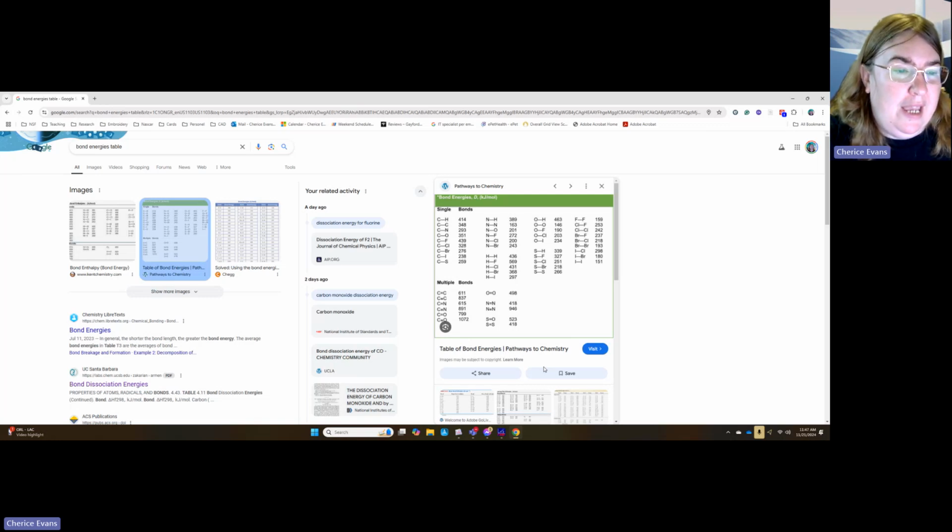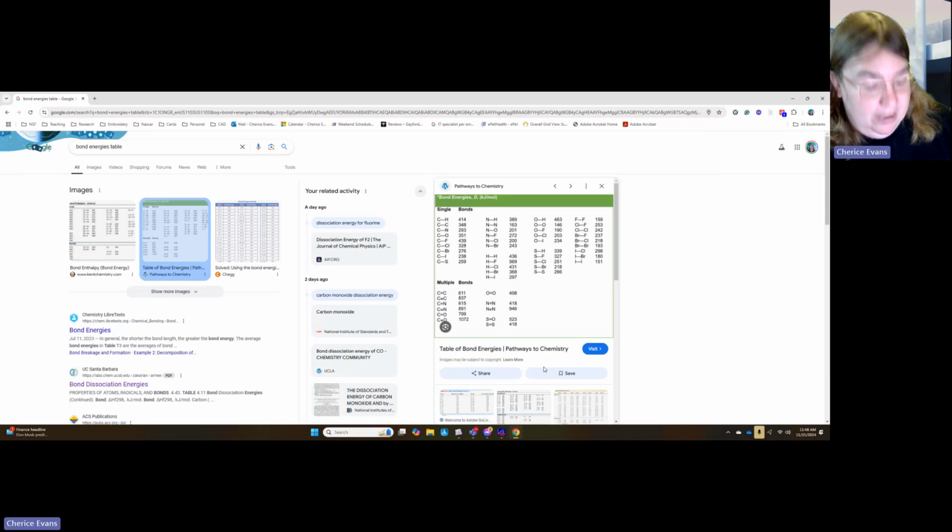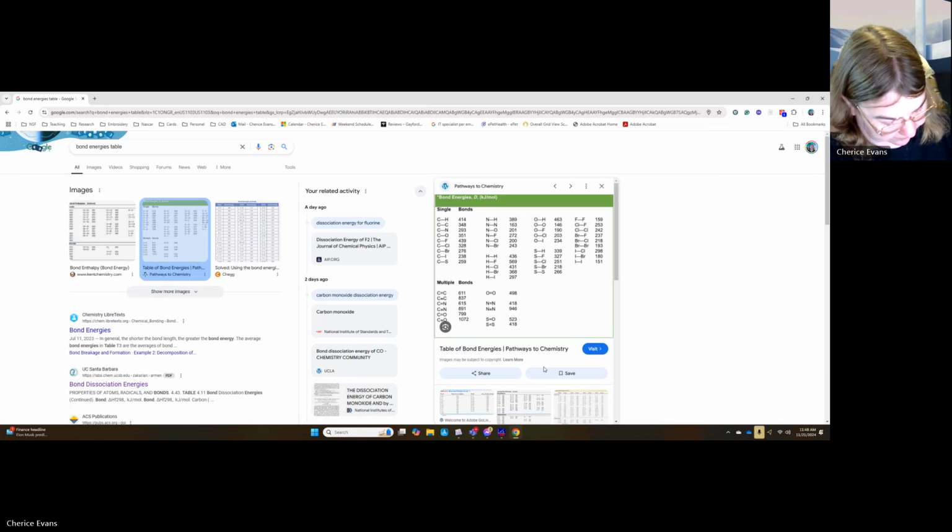So I have 348. And for ethane, I've got a single carbon-carbon bond, plus I have 6 carbon-hydrogen bonds, so that would be 414 times 6. So 2832 kilojoules per mole.